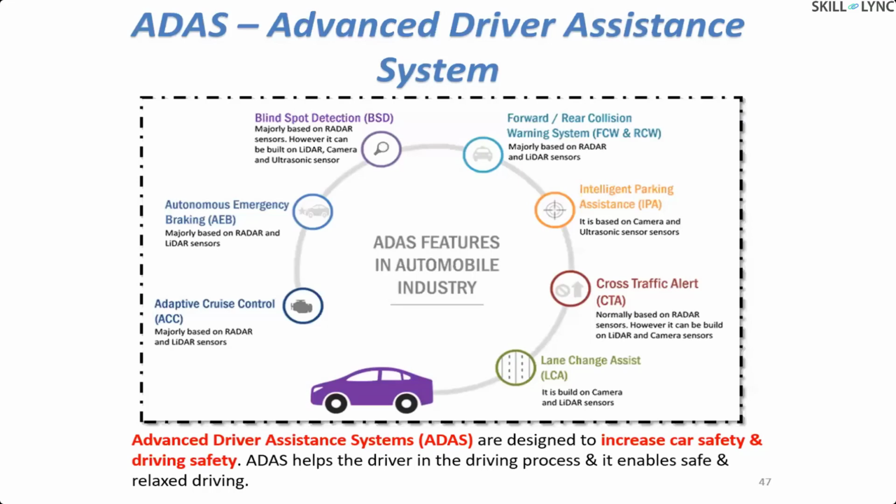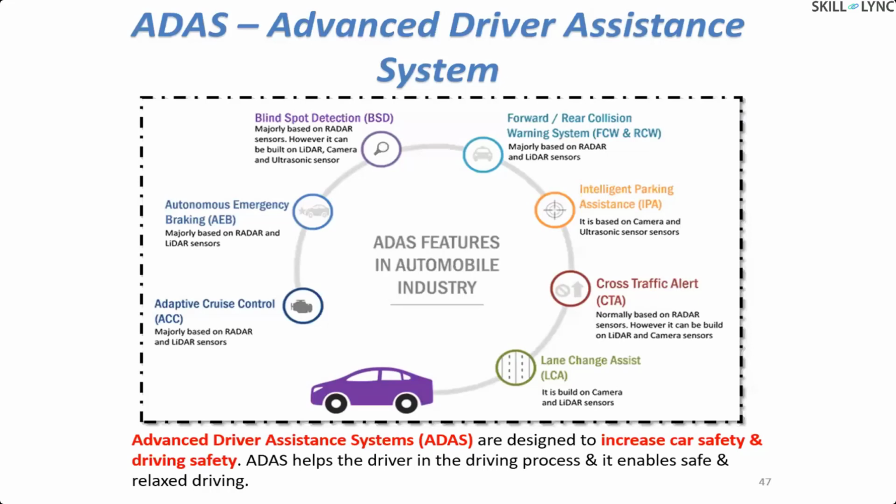ADAS is one of the features being developed across all the cars. All the OEMs are working on ADAS related features. Even for developing or emerging markets like India, ADAS features are being implemented in Indian cars at a very, very small level. The Hyundai Creta, a car which is being sold in good numbers in India, has ADAS features, like adaptive cruise control.